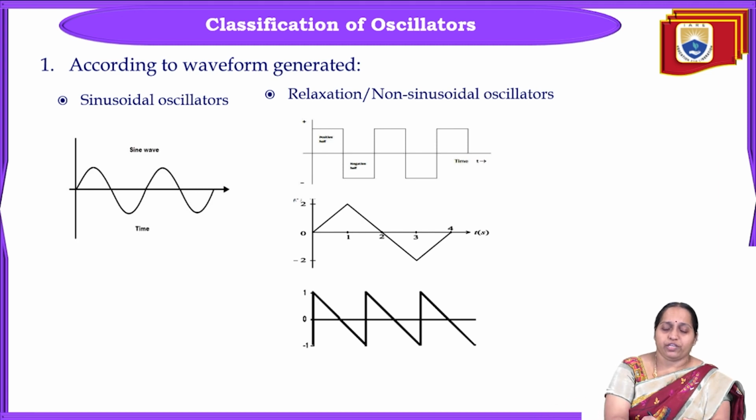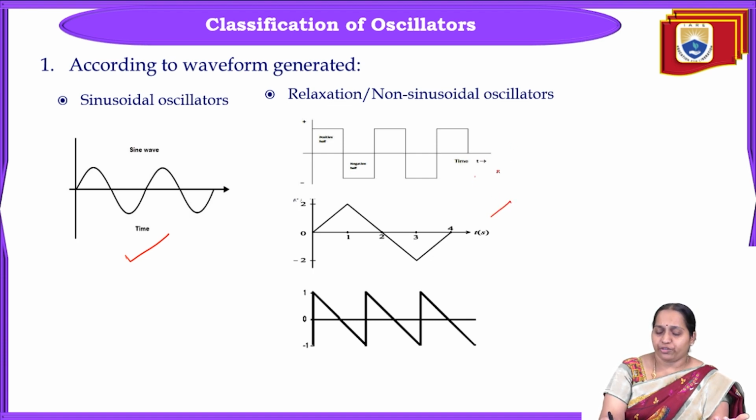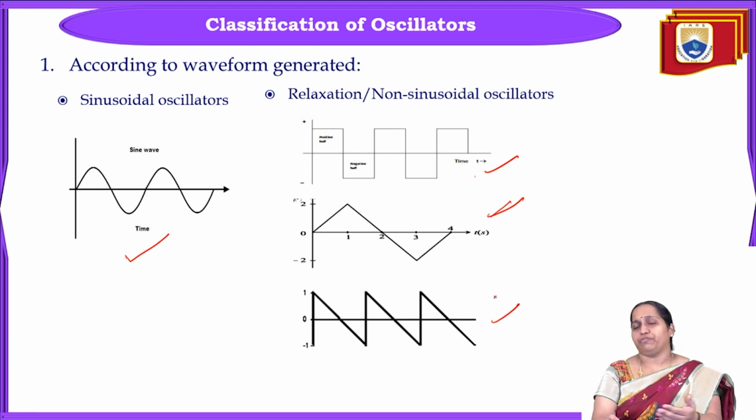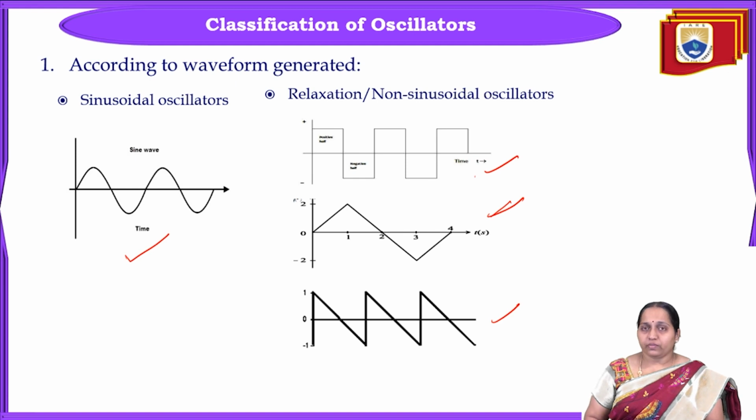As you see here, the sinusoidal oscillator is generating a sinusoidal signal. Whereas relaxation oscillators or non-sinusoidal oscillators could generate a square wave, triangular wave and sawtooth wave. These are just different examples of relaxation oscillators.